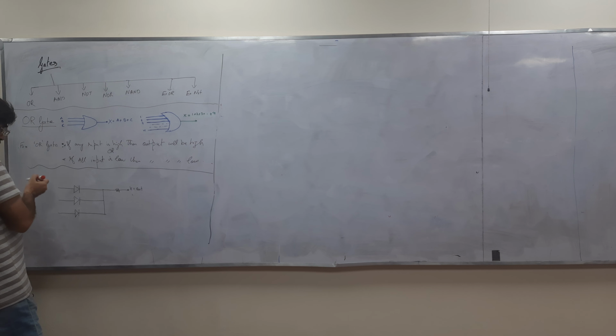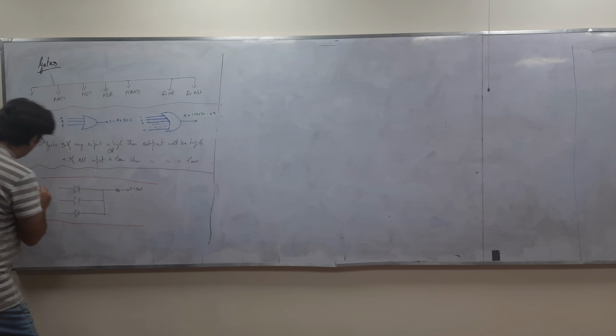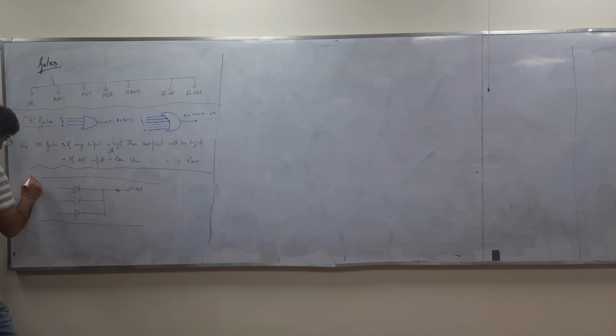If there are 2 lines, this is 5 volt and this is 0 volt.